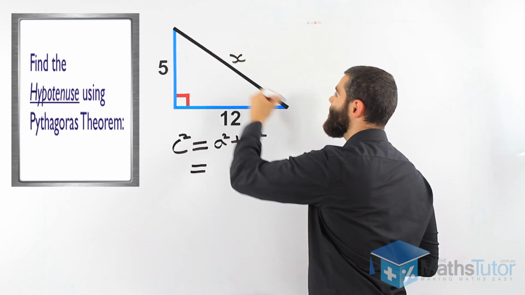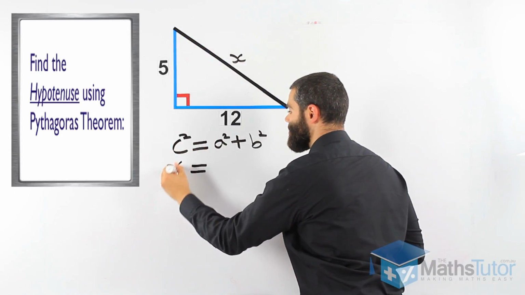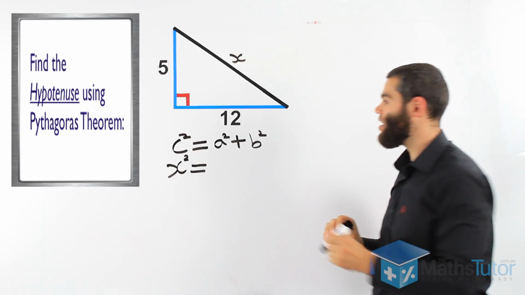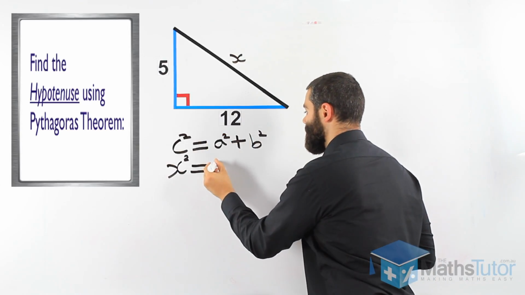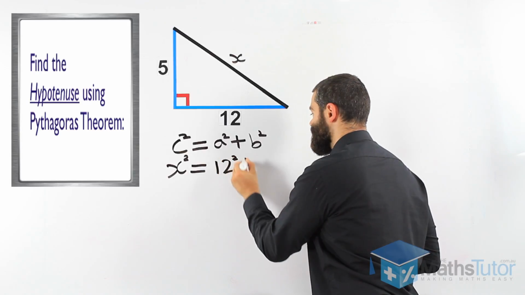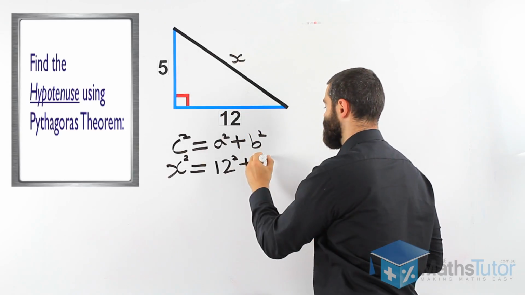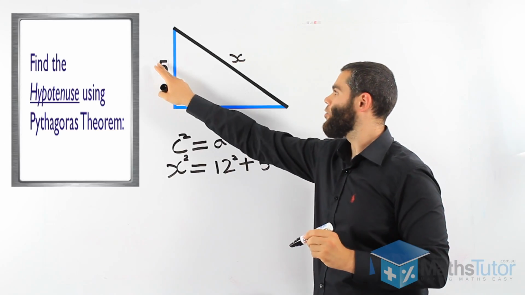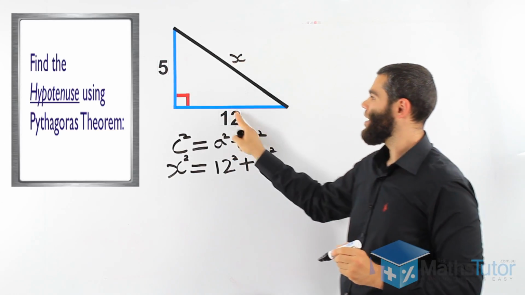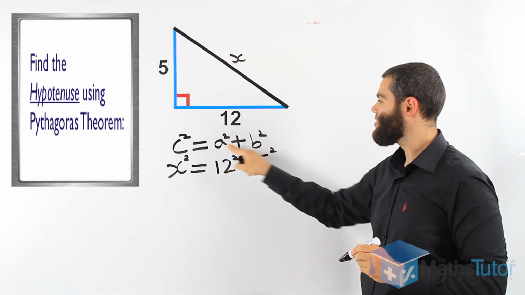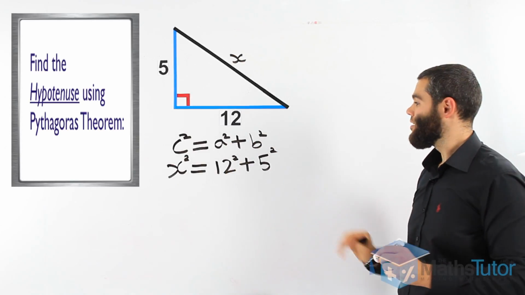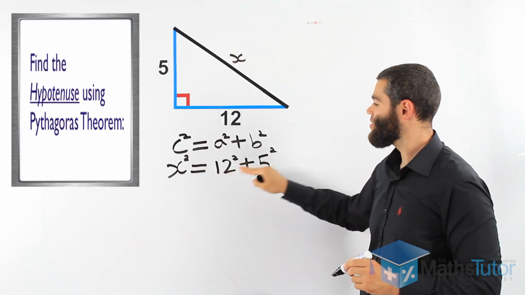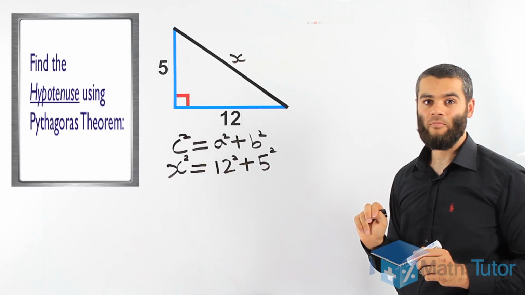C squared, we know it is the hypotenuse, so it's actually x squared. A squared plus b squared are the two short sides. A, we'll put it as 12 squared plus b squared, 5 squared. It doesn't really matter a, b or b, a, as long as we know they are the two short sides. Hypotenuse squared equals short side squared plus short side squared.